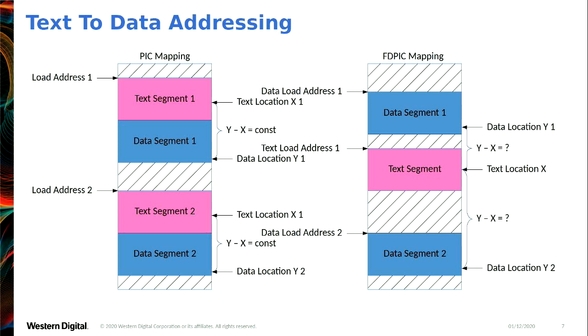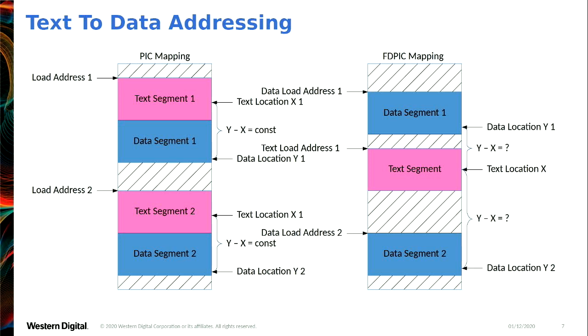This is about the PC relative addressing, as in the position-independent mapping, and the difference between a given location in the text segment and a given location in the data segment is always constant, because the relative position in the memory is always the same, whether it's the virtual memory or the flat NOMMU mode.